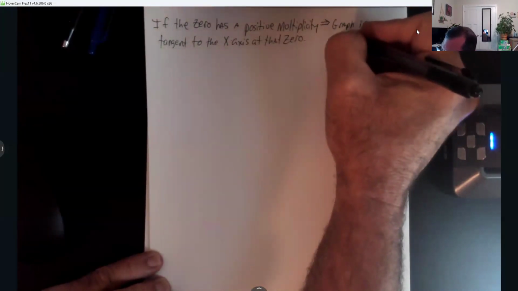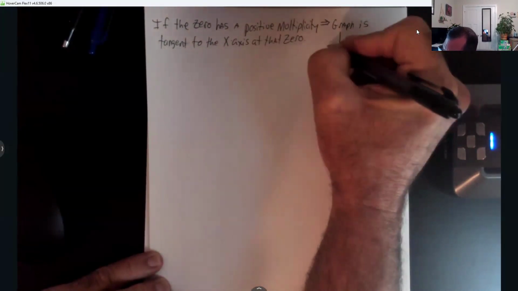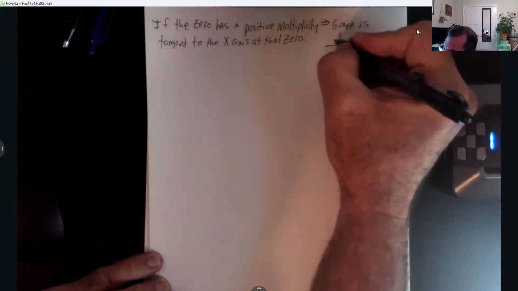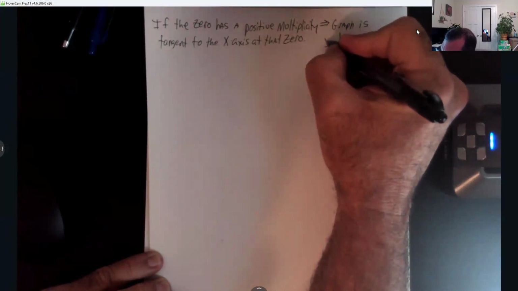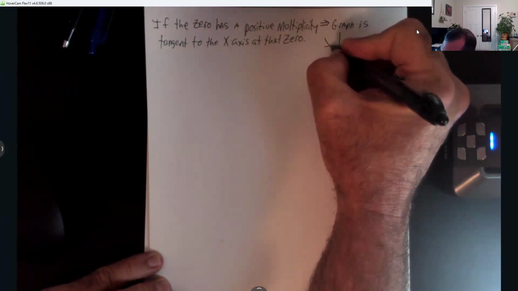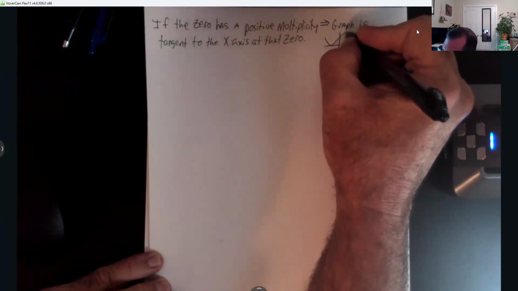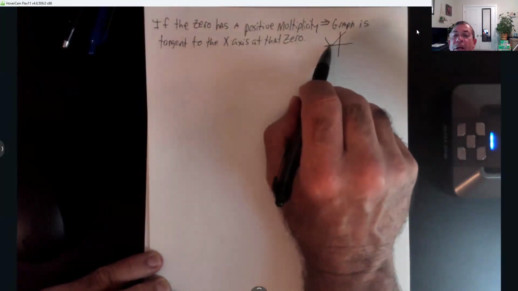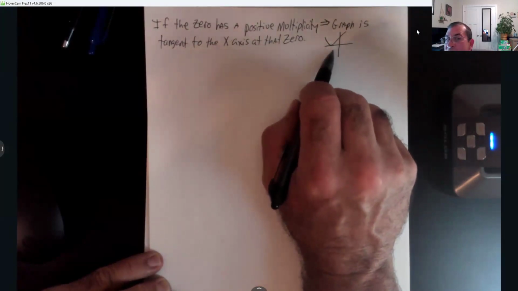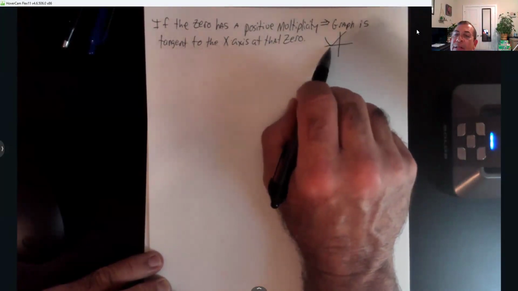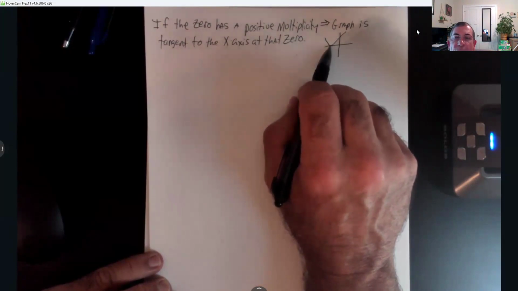So y'all, what that means is, say I got a graph here. So that means the graph will come down. It sort of touches the x-axis and then it turns up. It does not cross over the x-axis if the multiplicity is even.